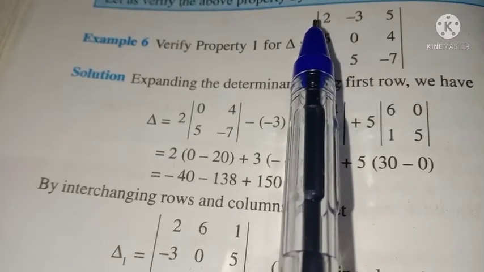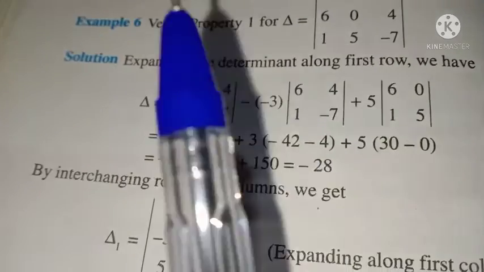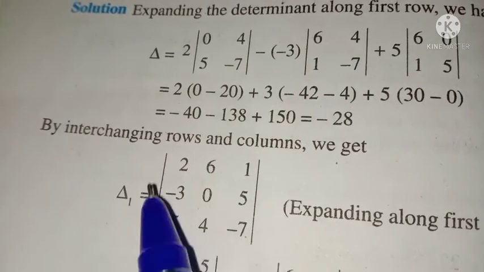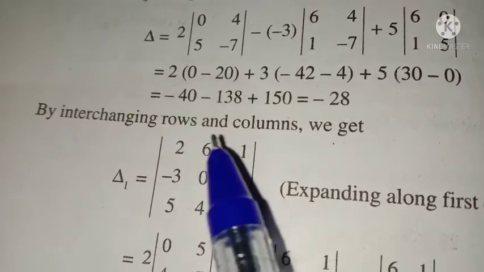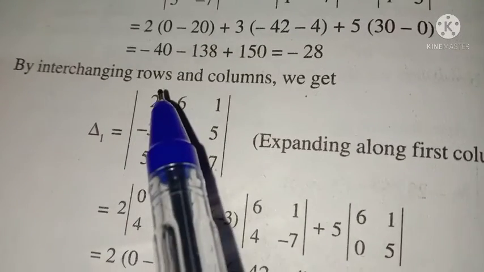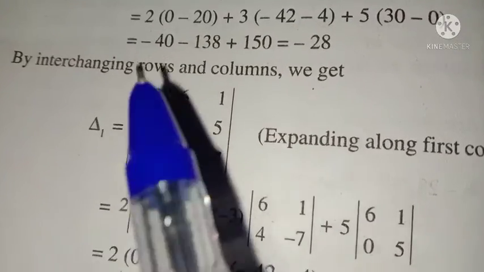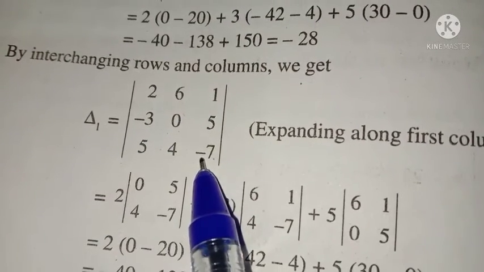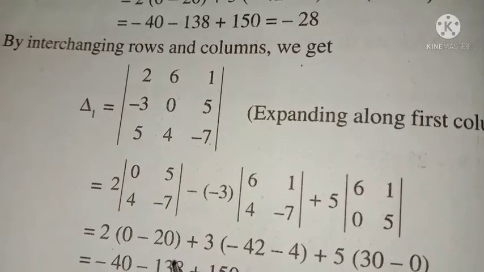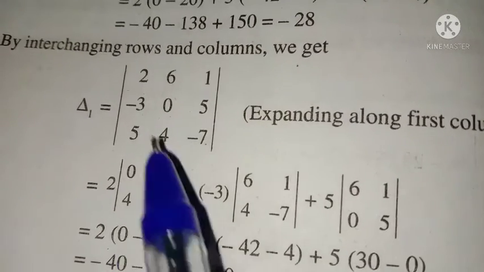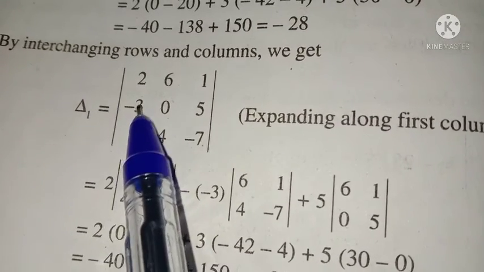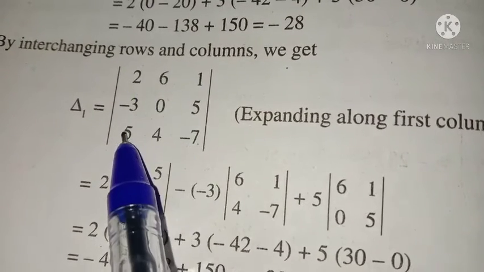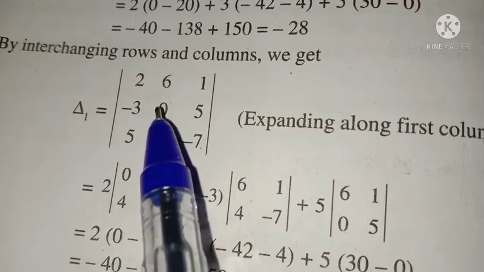So we are going to interchange rows as columns and columns as rows. Look here, this is our new determinant and we want to see what its value is. So expanding along the first column we get 2 into (0 into minus 7, 0, minus 5 into 4, 20). So 0 minus 20, minus minus 3, just cut first column and first row. First row first column, we get the determinant.